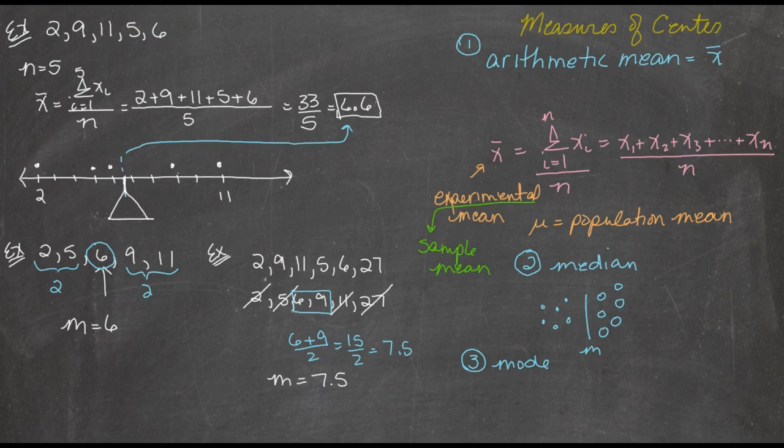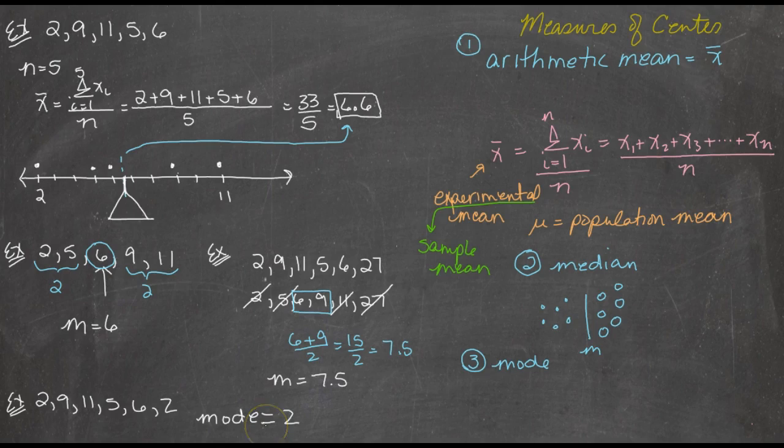But if I change this set in only one tiny way, 2, 9, 11, 5, 6, if I throw in another 2, suddenly now there is a mode value for this set. Every value shows up exactly one time, except for 2. The value 2 shows up more than once. It shows up twice. That makes the mode for this set 2.